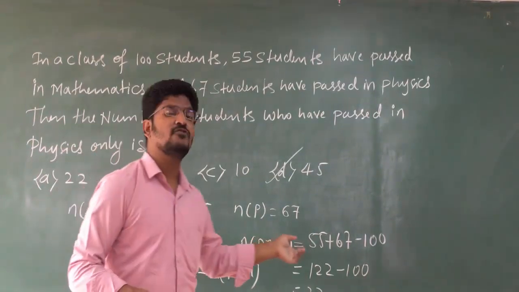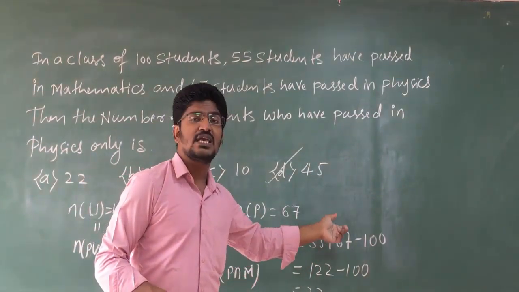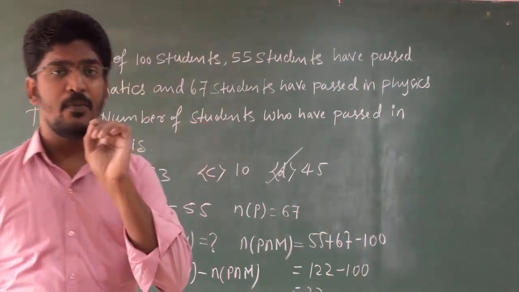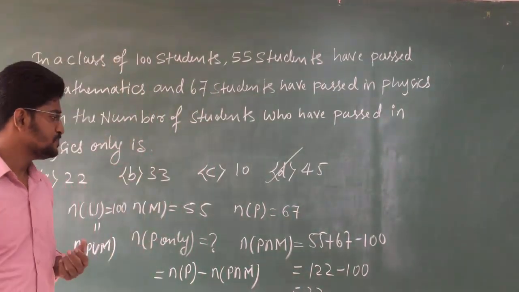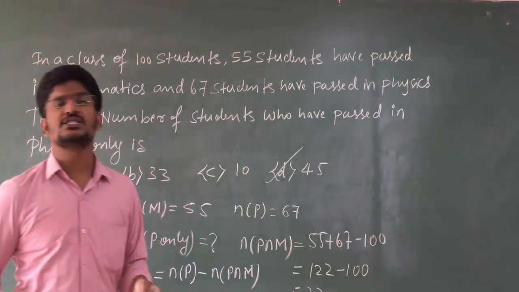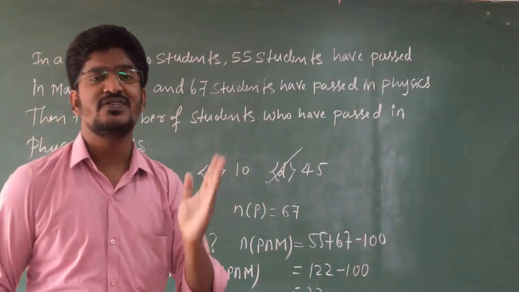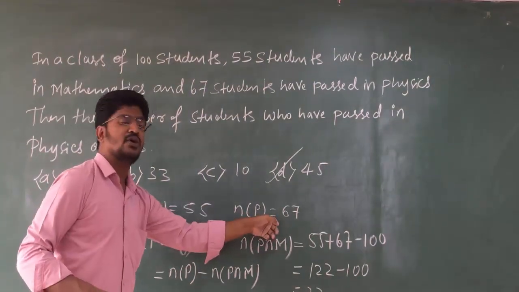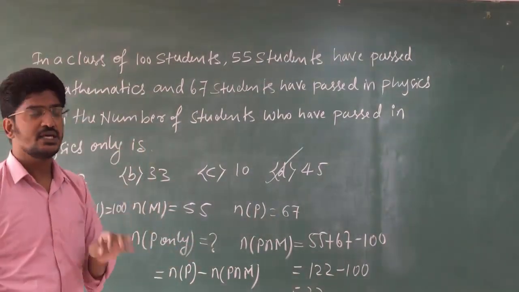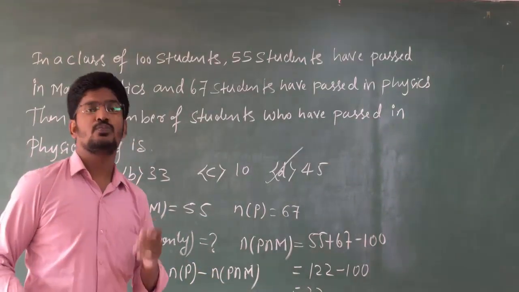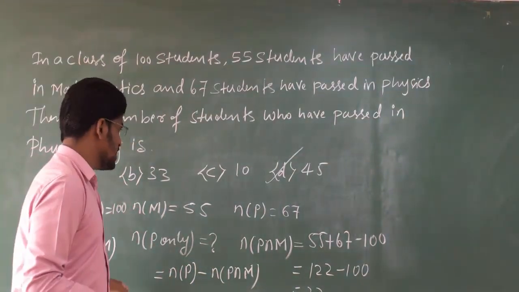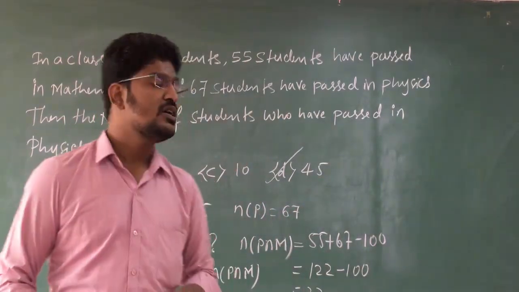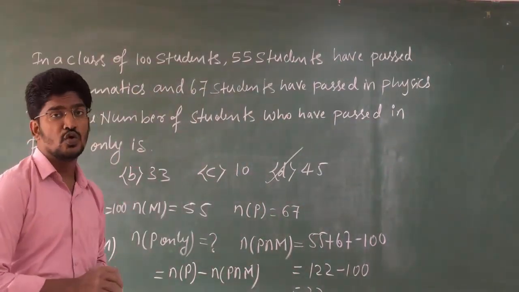For that you know the formula: n of M plus n of P minus n of P union M, or n of U. No problem. You get 22 students who have passed both physics and maths. From the 67 who have passed physics, you subtract those who have passed both, so you remain with those who have passed only physics. Clear? So they are 45 students.